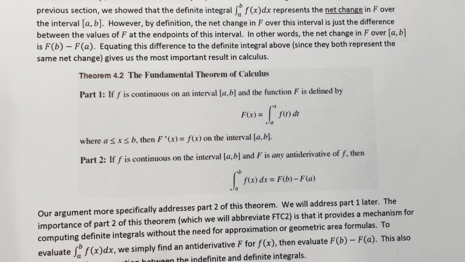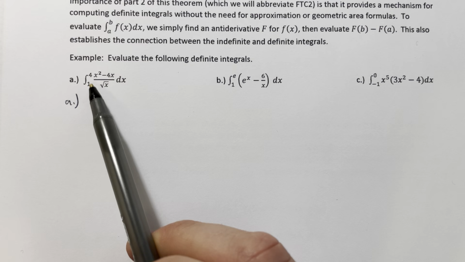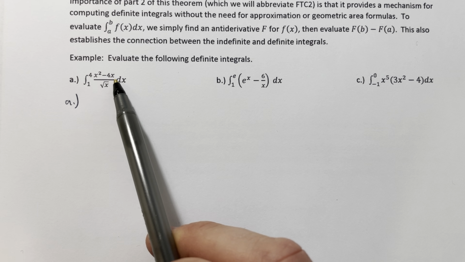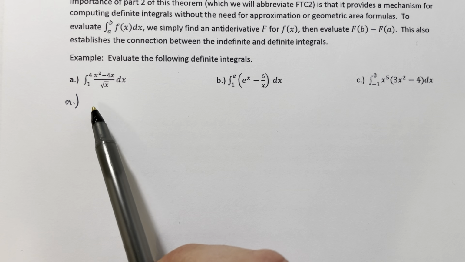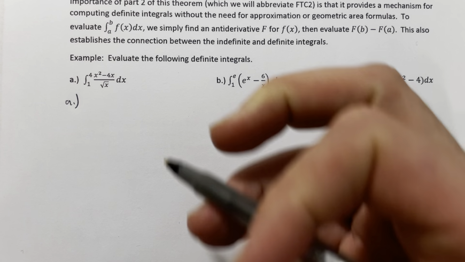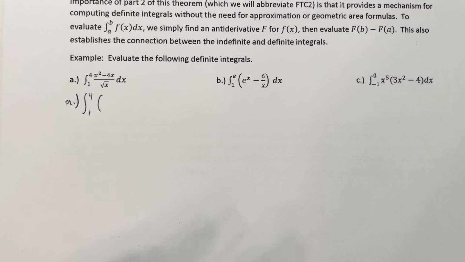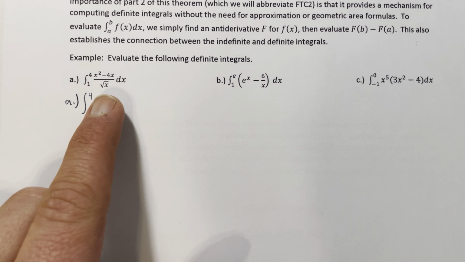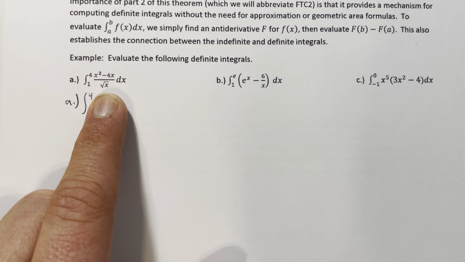So for part A, I'm evaluating the integral from 1 to 4 of (x squared minus 4x) all over the square root of x. First of all, we've seen integrals of this type before. What we want to do is put it in a different form so that it's easier to find an antiderivative. Because again, with the fundamental theorem of calculus, what we're looking for first is an antiderivative for that function.